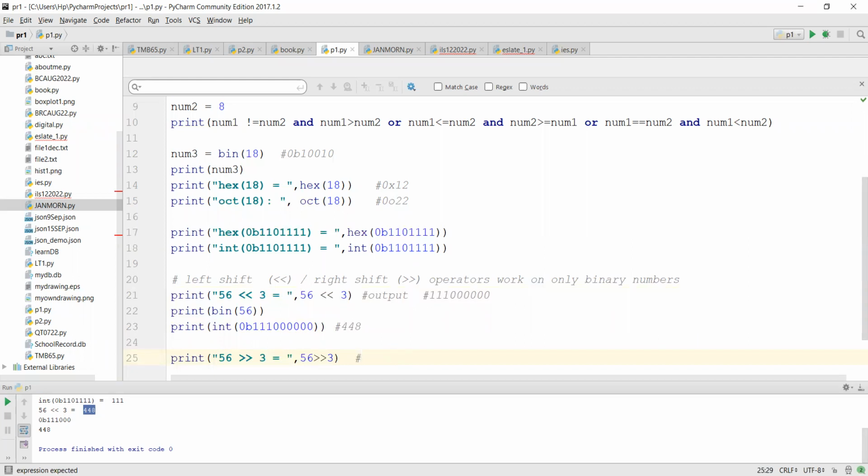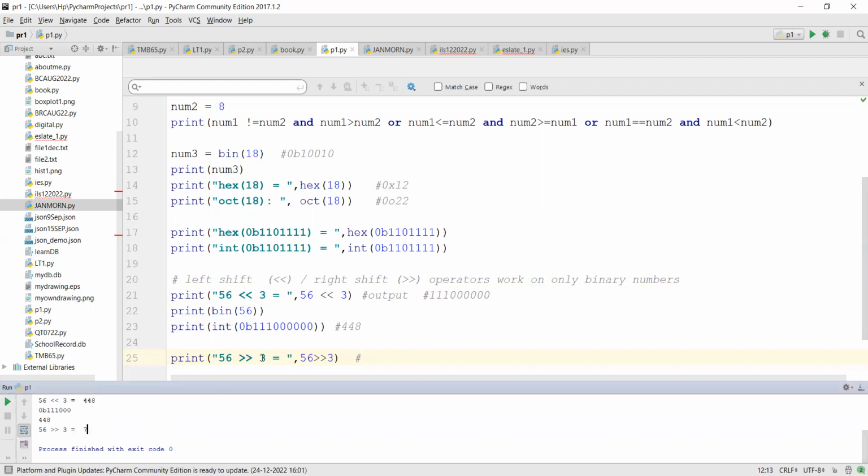So right shift 3 times means dividing by 2. 56 by 2? 28, right? Correct, 28. So that is 1 time right shift. 28 by 2? 14. 14 by 2? 7. So this will be your 7.